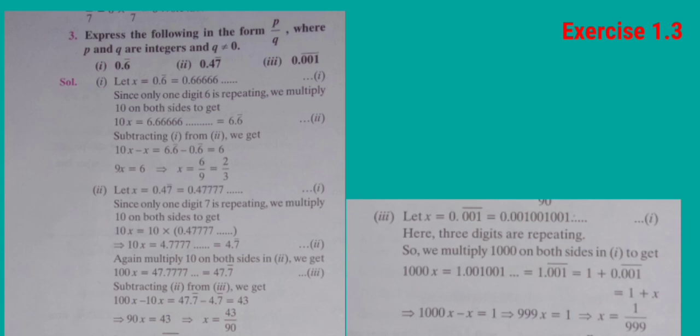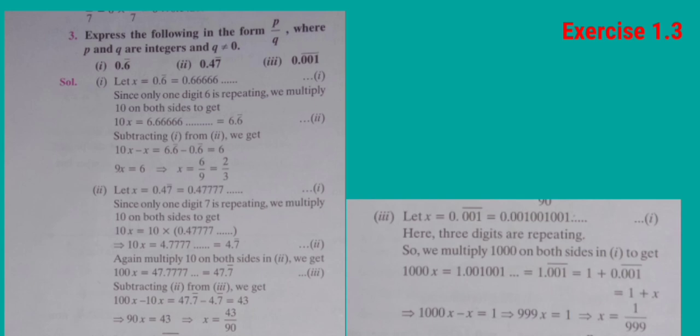Remember, if one digit is repeating we multiply by 10 on both sides; if 2 digits are repeating then by 100, and if 3 digits are repeating then by 1000. In this case only one digit is repeating, so we multiply equation 1 by 10, and it becomes 10x equals 6.666 dot dot dot.